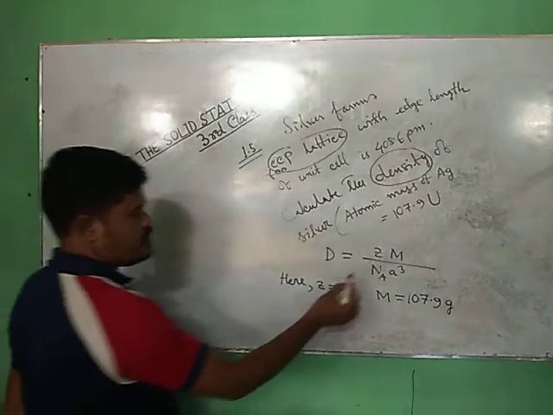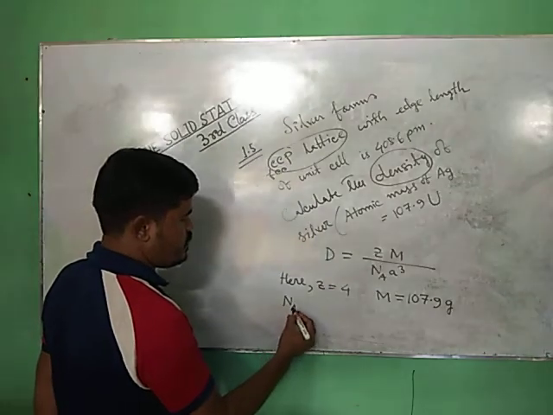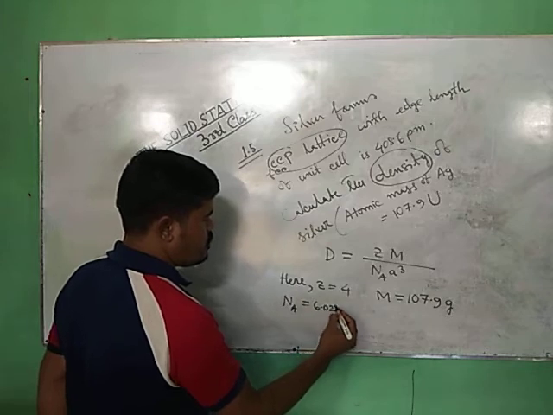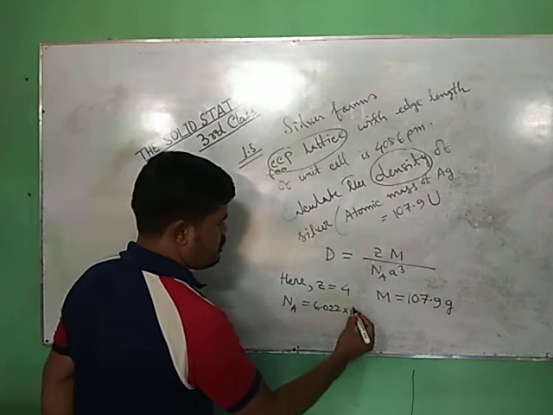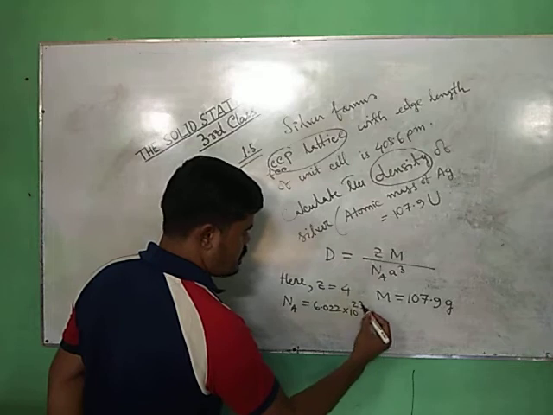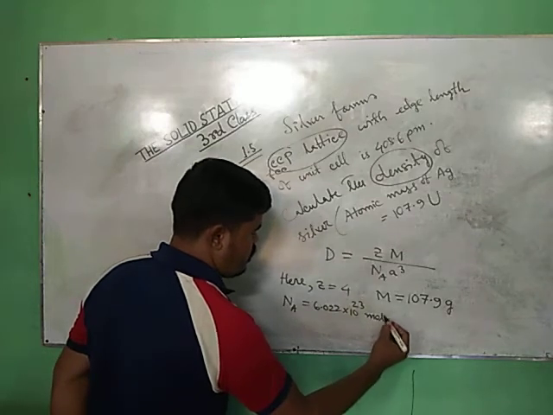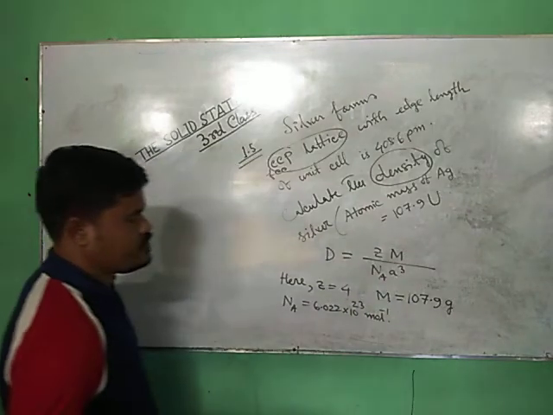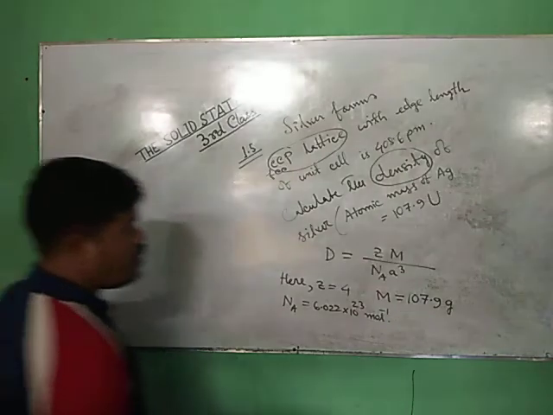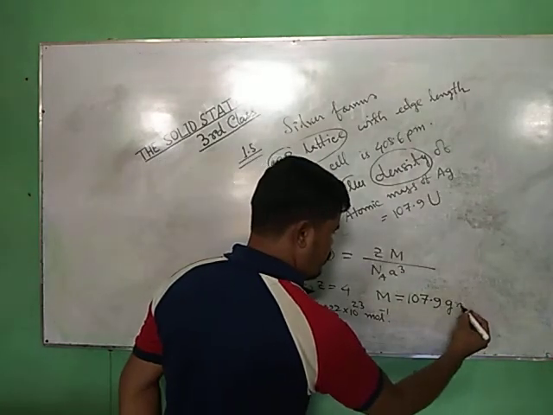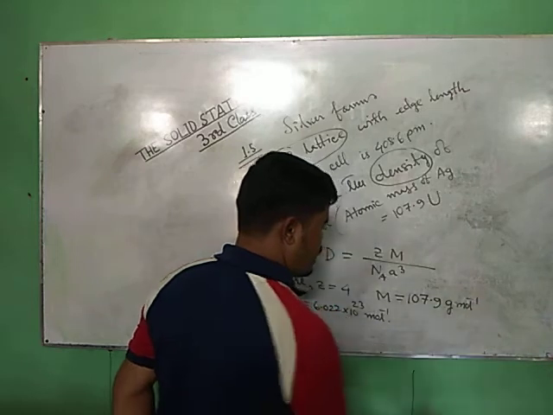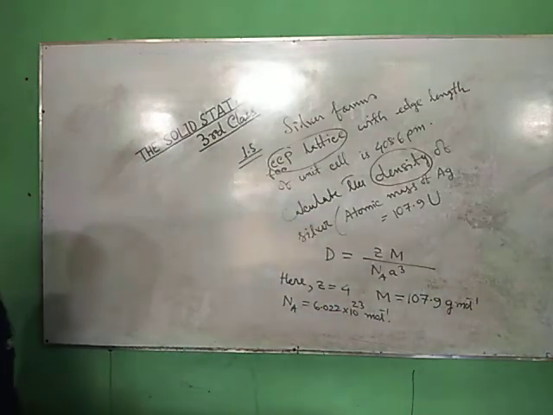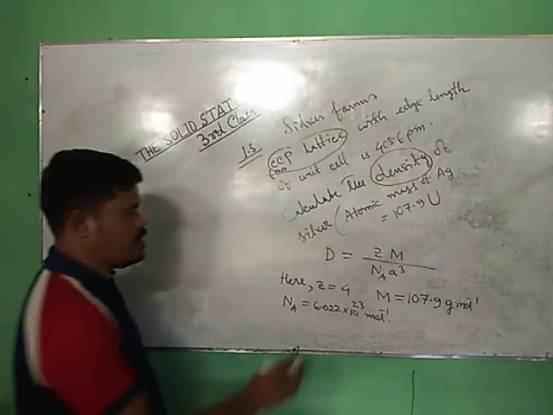Next, you know Na, 6.022 into 10 to the power 23, the number of particles per mole, mole inverse. So molar mass is 107.9 gram per mole.